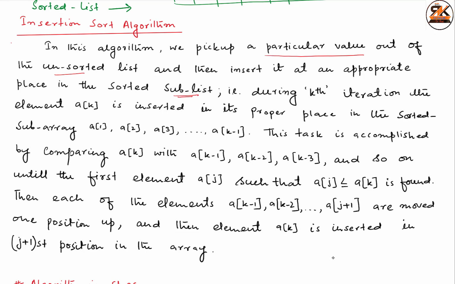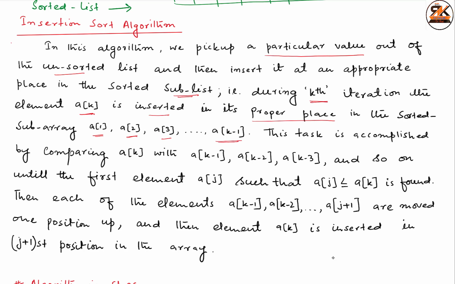This is what we have already seen through the example. During the kth iteration, we have reached some element k in the unsorted list, and the element ak is inserted in its proper place in the sorted subarray, that is a1, a2, a3 up to ak minus 1.